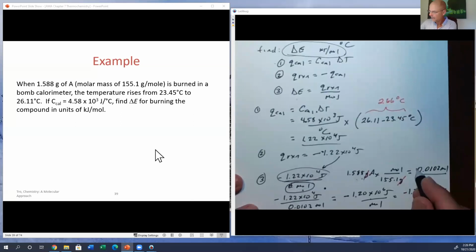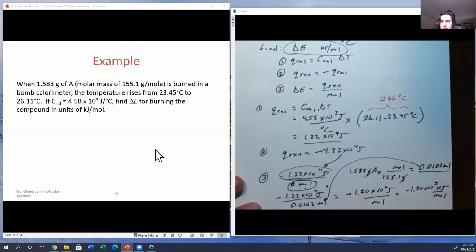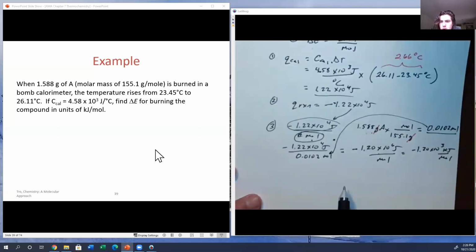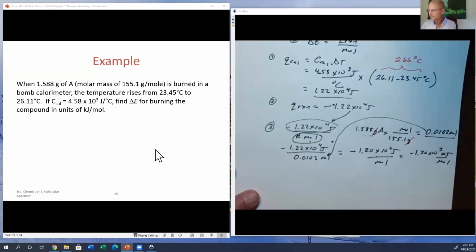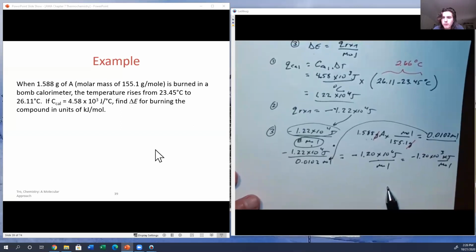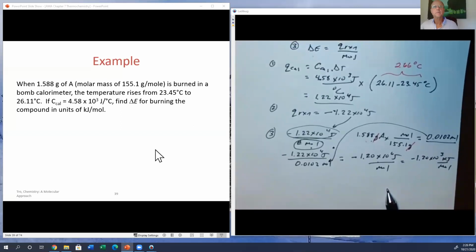Then I took the joules and divided by the number of moles, so that's going to give me joules per mole. Does that make sense? Okay, I'm going to take a screenshot of this for a second. Okay, cool. Thank you.